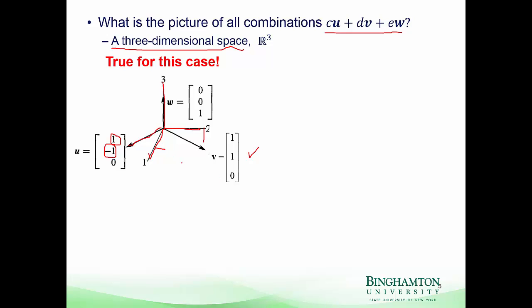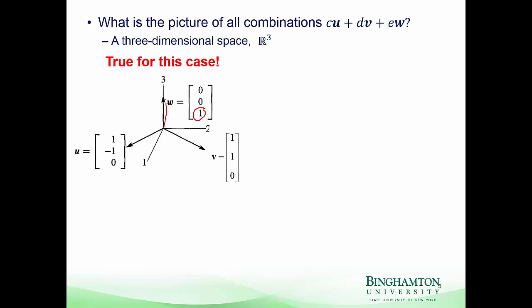And the vectors don't quite look like they have the same size, but that's just because of the characteristics of the drawing. And then W has 0 elements along the first two dimensions, the first two axes, and just has a component of 1.